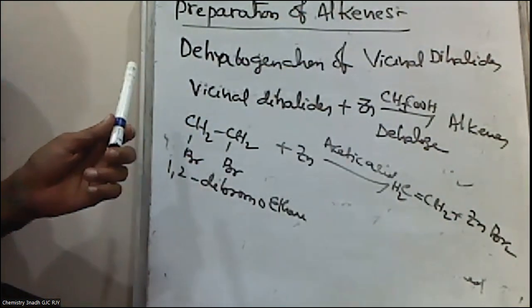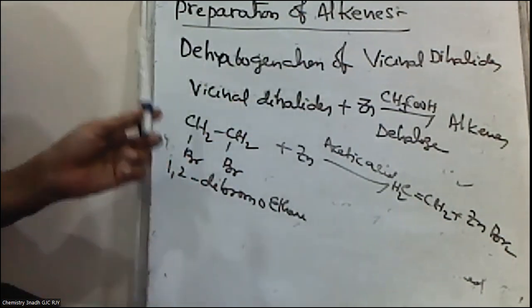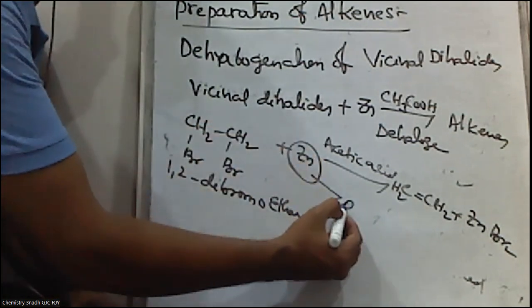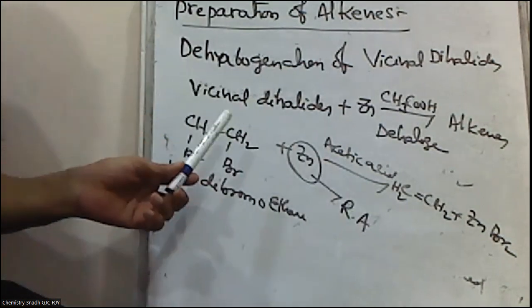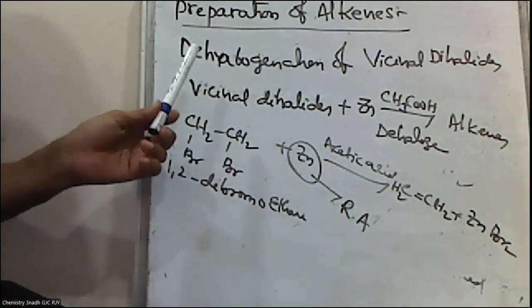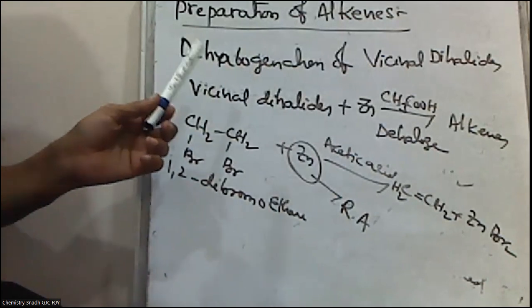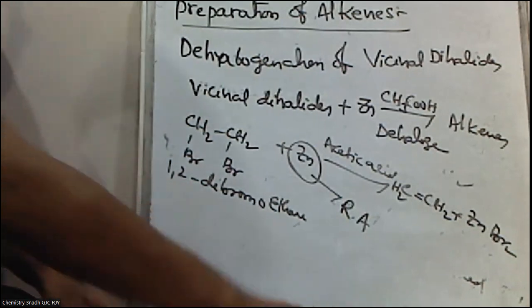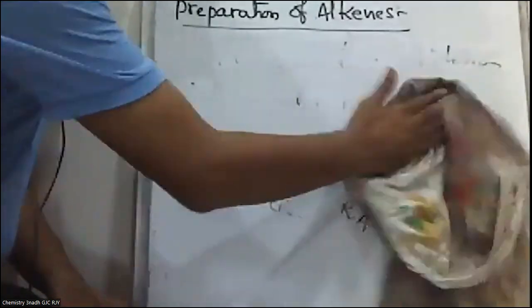So this is dehalogenation of vicinal dihalides. Here, zinc acts as a reducing agent, so it is oxidized to ZnBr2. This is about dehalogenation of vicinal dihalides. And the next one is from alkynes.